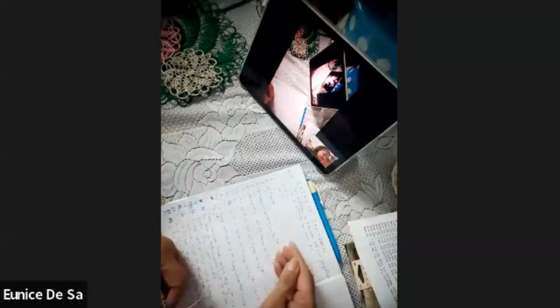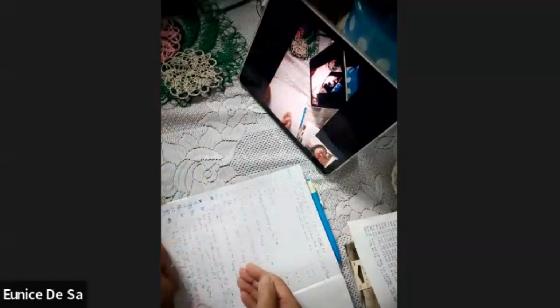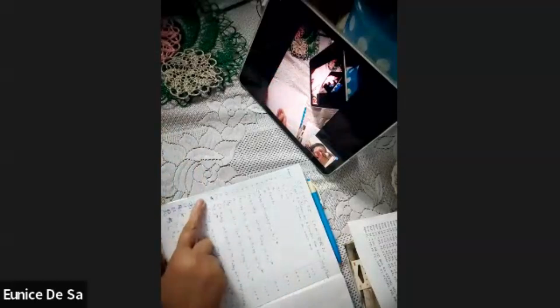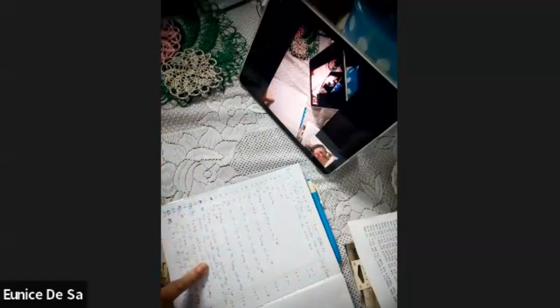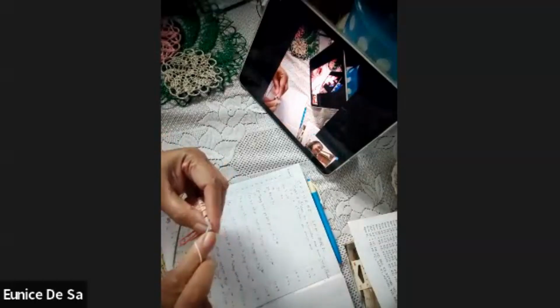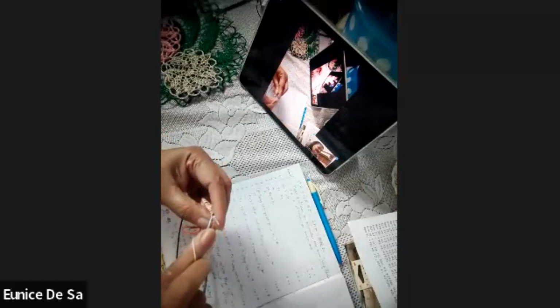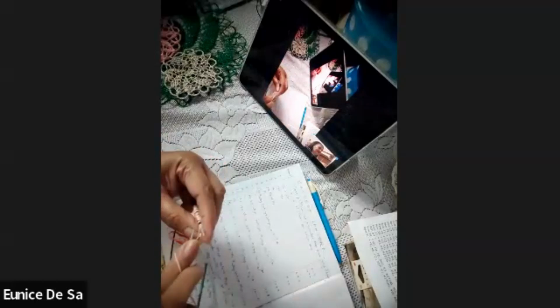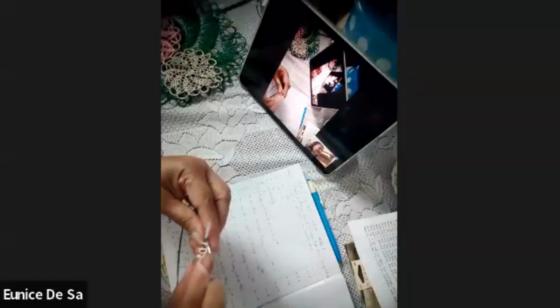So I think this is the same procedure that you go till row number 16. Then row number 17. Please read carefully, all of you, what it says, and I'm going to explain to you while I'm doing this knitted row.